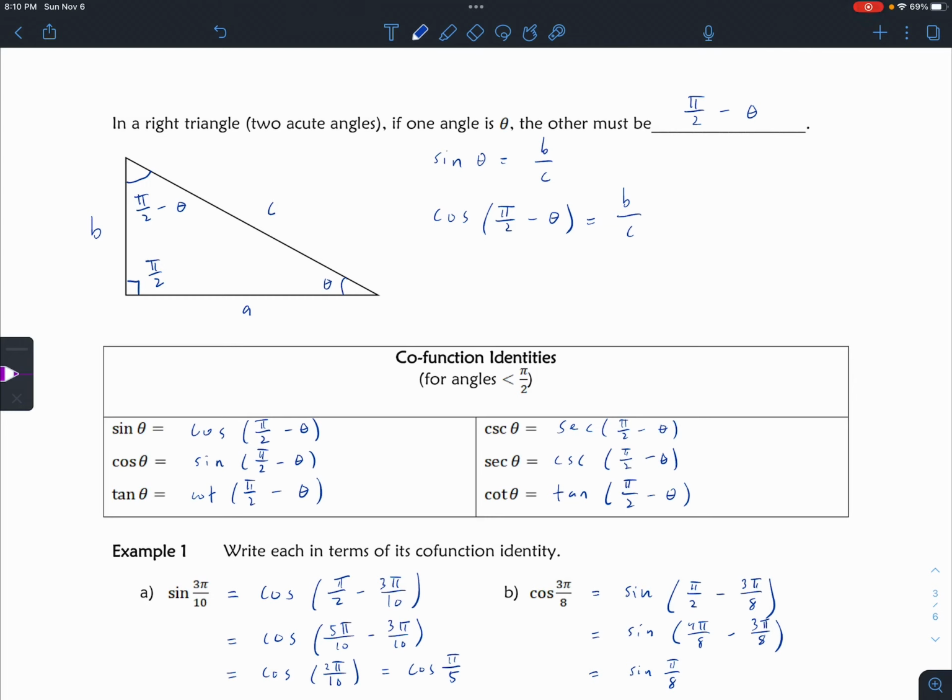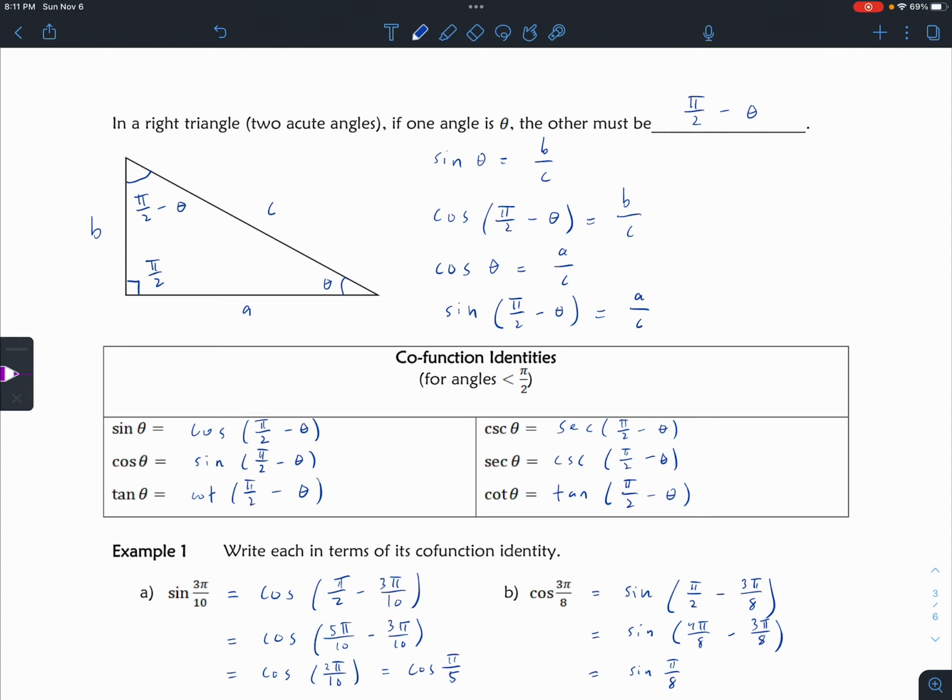Now let's also try cosine of theta. Cosine of theta is going to be A over C, adjacent over hypotenuse. And sine of pi over 2 minus theta is opposite over hypotenuse, so that's going to be A over C as well.